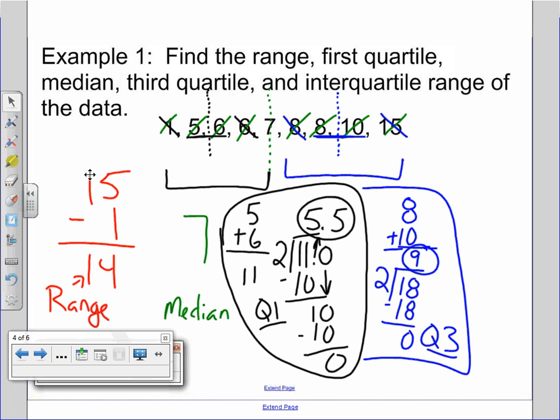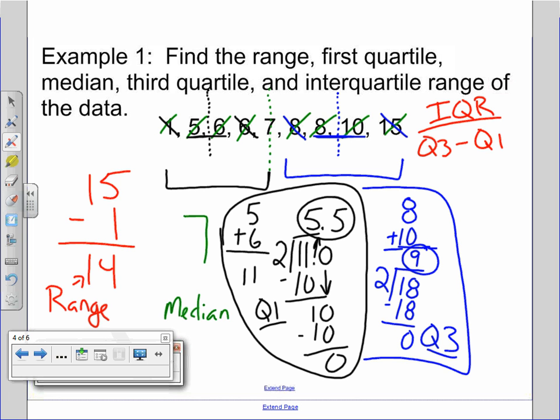The last thing we need to do, and I'm running out of room here, but I'll do my best, is we need to find the IQR, the interquartile range. And that's very simple. Interquartile range is the difference between the third quartile and the first quartile. Difference meaning subtraction. It's very simple. IQR is no different than doing Q3 minus Q1.